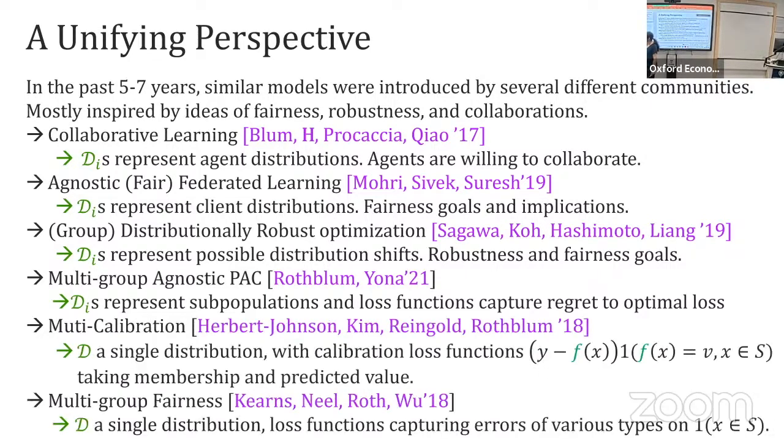There's multiple other works. These three are different ways of, they're all related to multi-group fairness, calibration, agnostic PAC learning, and a bunch of other things. They fall exactly in the setting I was talking about. This Rothblum-Yona paper is an example of what I was trying to highlight here, where you actually use the min-max objective to provide a slightly pairwise group guarantee with respect to their own optimal.